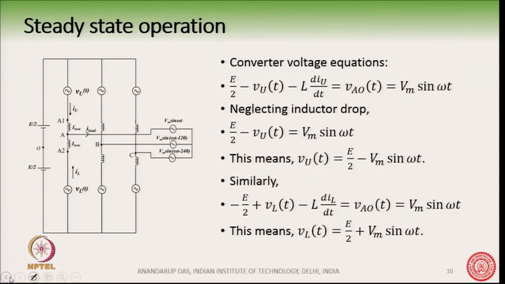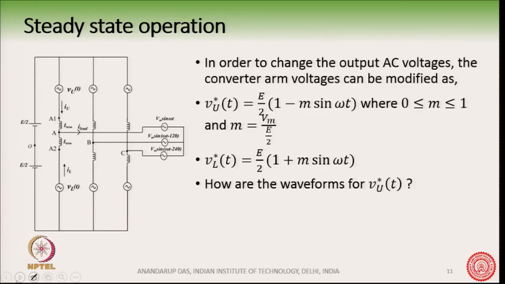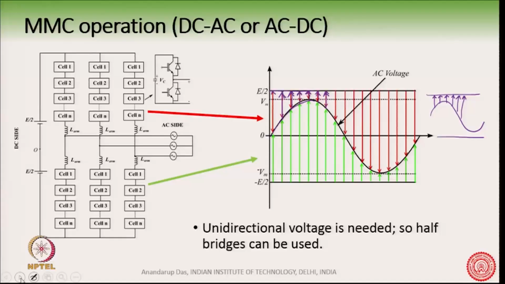It is just that the polarity of Vu is reversed, and the advantage is that we can use this converter as an AC to DC converter, and the same half bridges can still be used, because again the arrows are all unidirectional.